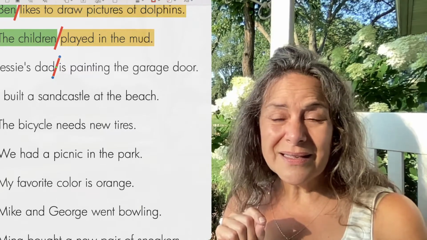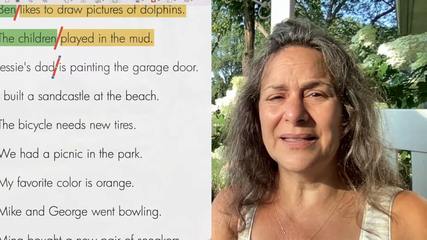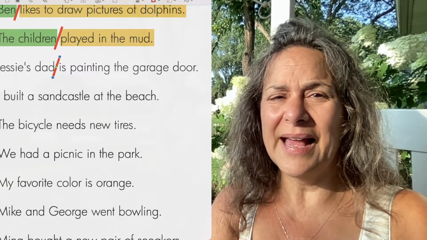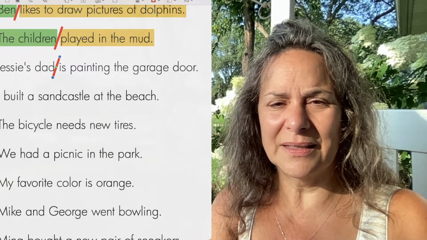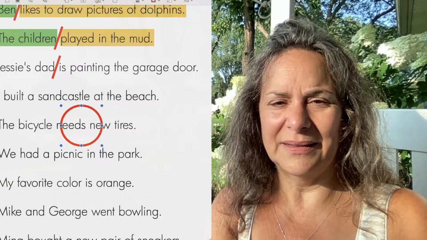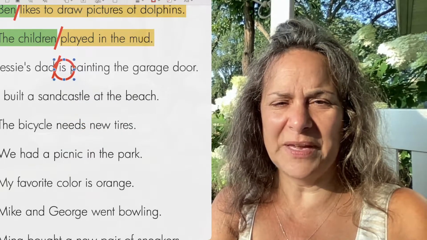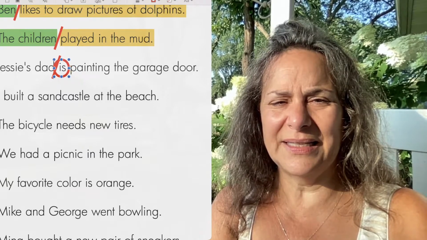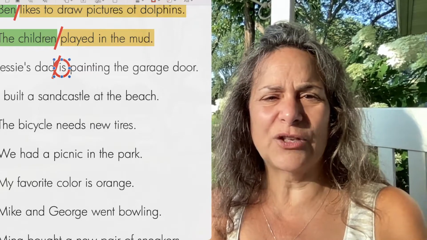So is painting is the verb, with is being a helping verb. Let's identify that as a helping verb. Is the helping verb, and painting is the action.